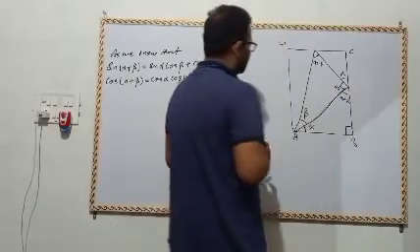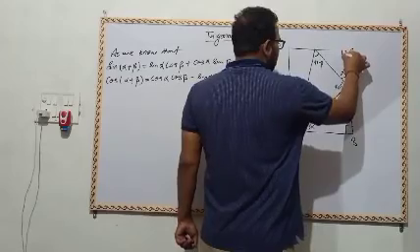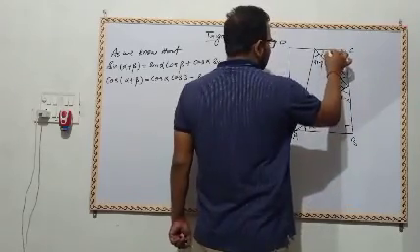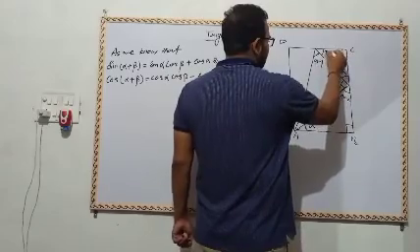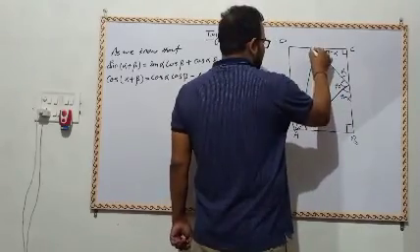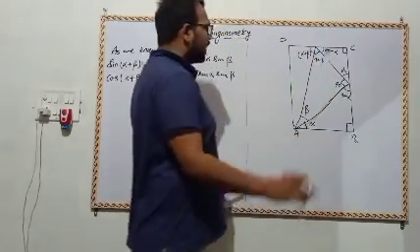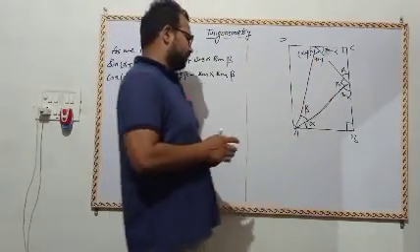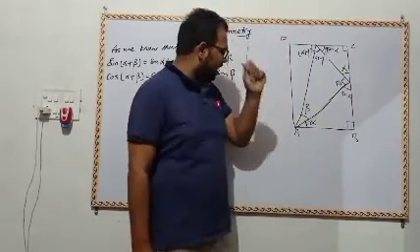How to prove it? 90 minus beta, and it is 90, so it is alpha. Think 90 minus alpha, 90 minus beta, it will come alpha plus beta. Okay, understand? First of all, we will make ABCD a rectangle.